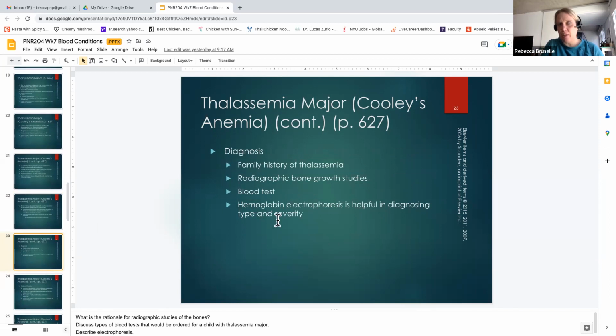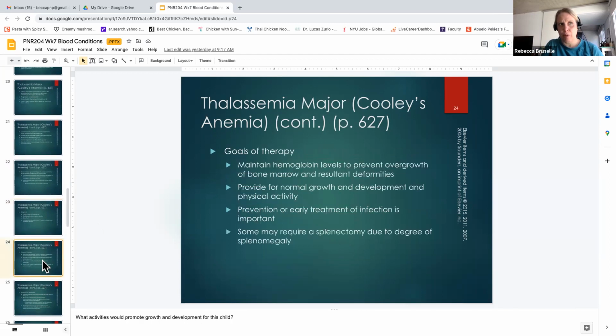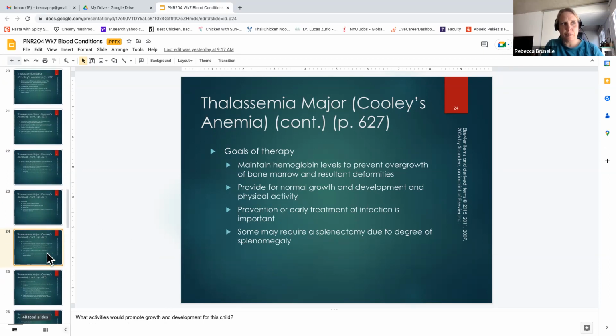And since it's genetically inherited, there's usually going to be a family history of thalassemia. And so genetic testing, et cetera, is important for diagnosing and supporting the family. So the overall goal is maintaining an adequate hemoglobin level with blood transfusions and then preventing infection.